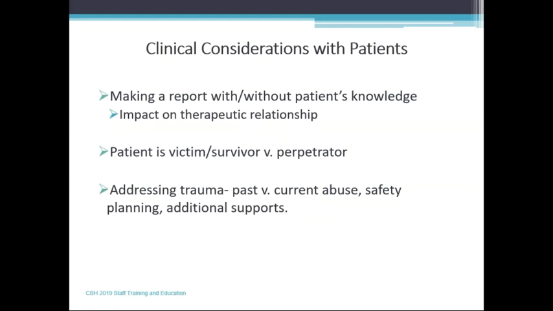Helping patients to understand our limitations and our requirements, as well as their rights as far as confidentiality, but also helping them to better understand the importance of safety of themselves, their children, their family, and why it is not a betrayal of the therapeutic alliance. This is about safety, and that you are obligated to help protect them and these other individuals, such as children or vulnerable adults.